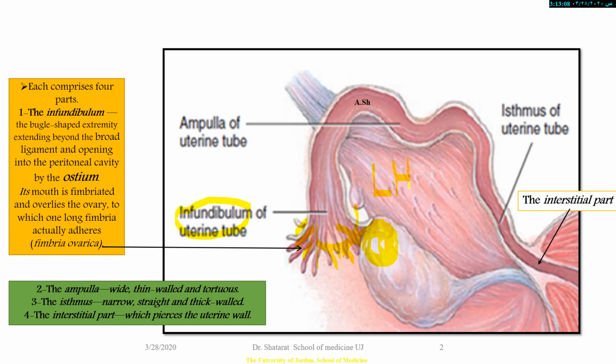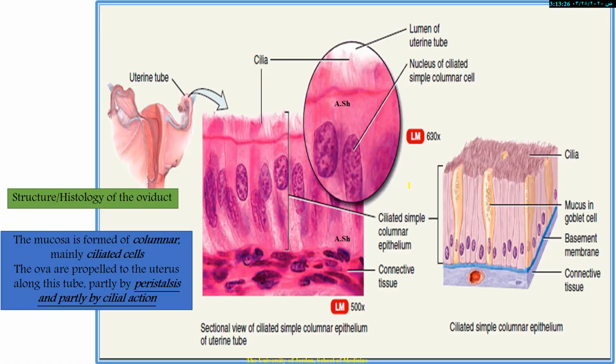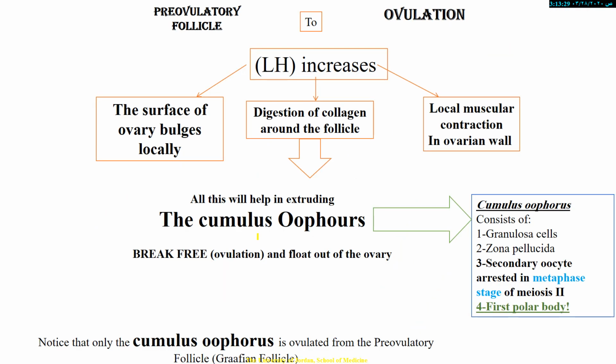So LH that has been secreted from the anterior lobe of the pituitary gland would reach the ovaries, and it would influence its wall, and the wall should be broken in this area, and as a result all this will help in extruding the cumulus ovoris to break free, and this is what we call ovulation. This is what we call ovulation, and it floats out of the ovary.